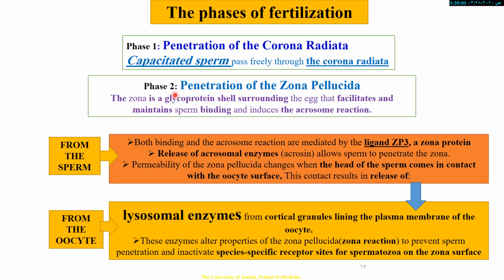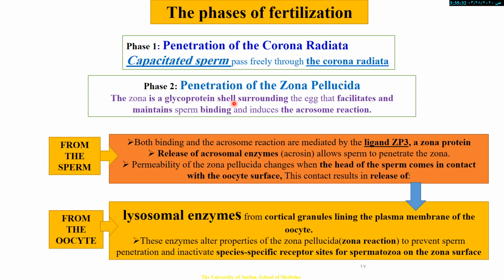Now let's talk about the solid rock wall, which is the zona pellucida. Now, penetration of the zona pellucida. The zona is a glycoprotein shell. We already talked about who made it. It's a contribution between granulosa cells and the oocyte itself during the process of the primordial follicle becoming primary, secondary.